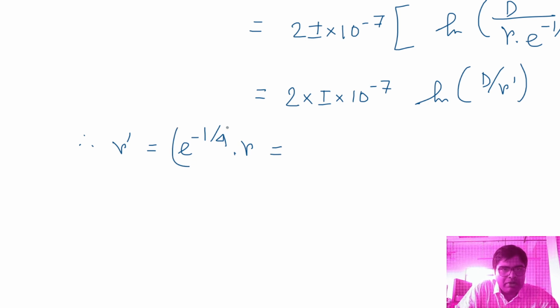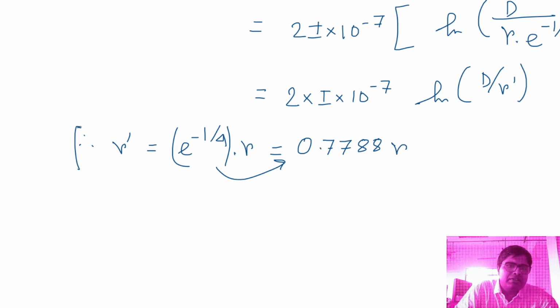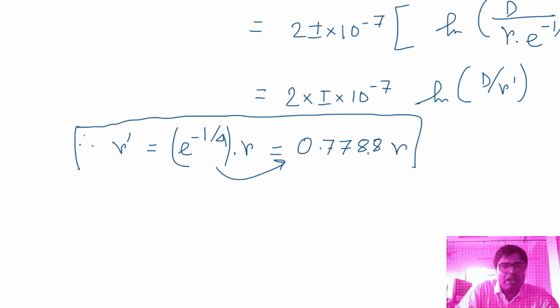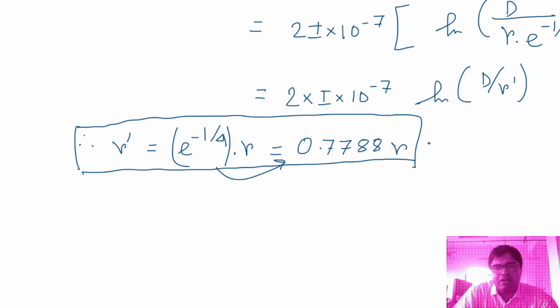Now once we evaluate this, it comes out to be 0.7788 into r. So this is a very interesting result. One can take the conclusion from here that once an inductance is being calculated, conductor radius should be treated as r dash, which is equal to 0.7788 r.